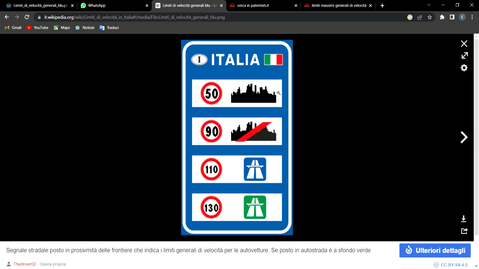When we are talking about centro abitati, what are we simply talking about? These are the roads that can be found inside the city. The term centro abitati simply means a city road, a road that can be found inside a town. On this road, you as a driver, the maximum speed that you are permitted to drive is 50. Your speed must not exceed 50.